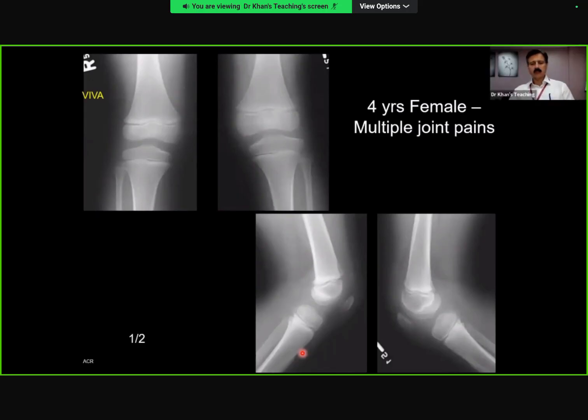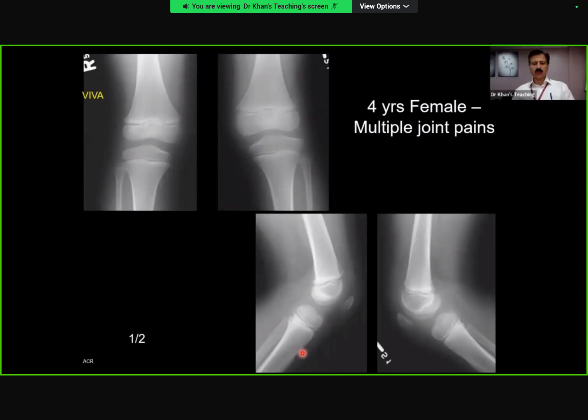Okay, I can see some articular irregularities. Just concentrate on the epiphysis. Compare the epiphysis right and left. The epiphysis on the left side is bigger and enlarged and less dense. And I think there is some articular surface irregularity.